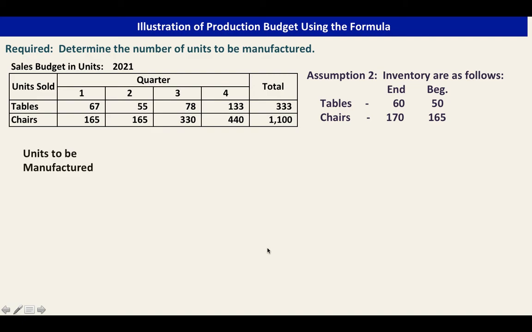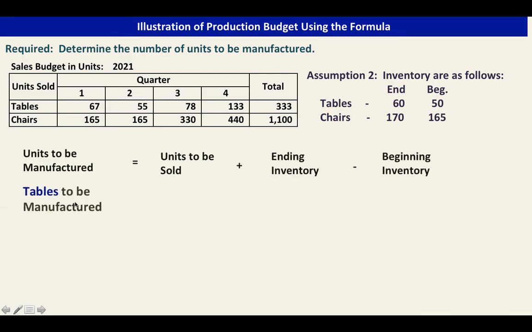So how are we going to calculate now the units to be manufactured? Here, the total units for the year, which is 333 for the table, this will be our formula. For tables to be manufactured, the number of units to be sold is 333. And based on what is given, we have to add the ending inventory, which for tables is 60, and we have to deduct the beginning inventory, which is 50.